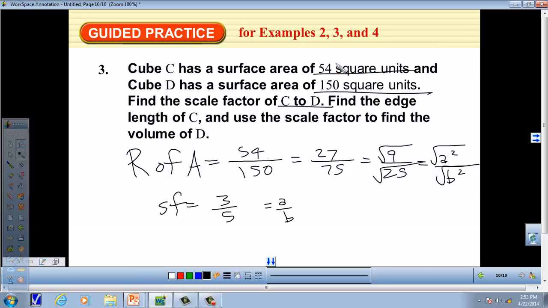So to find the area of one of these surfaces, we would take 54 and divide it by 6, giving us an area of 9 square units for one surface. And if we want to know the edge length, remember this is the area of a square, so we would take the square root of it. That would give us 3 units for the edge length.